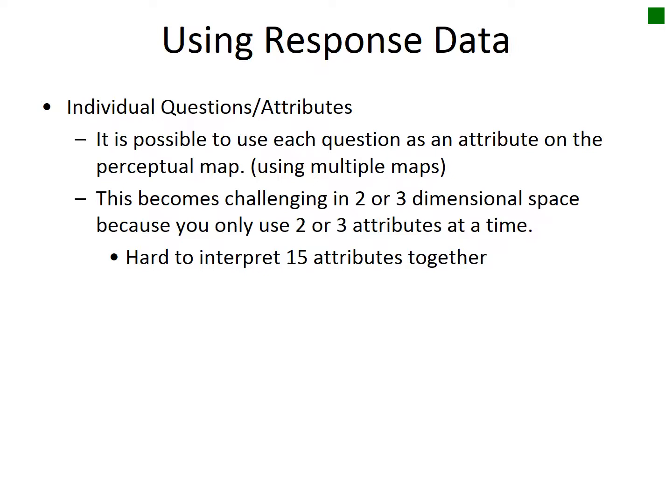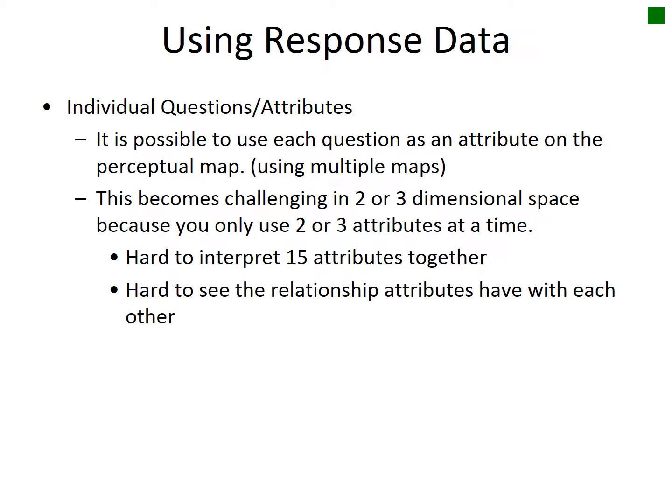So that can get fairly confusing fairly quickly. In fact, it gets fairly challenging if you start to overlay more maps together. So I might have 5 or 6 or 7 or more different perceptual maps, and interpreting these maps simultaneously is quite a bit of a challenge, as you can imagine.